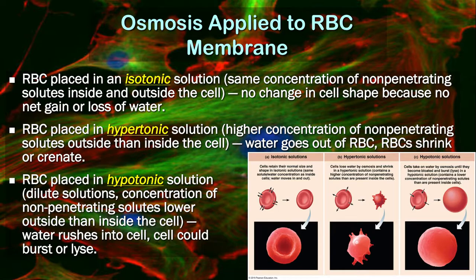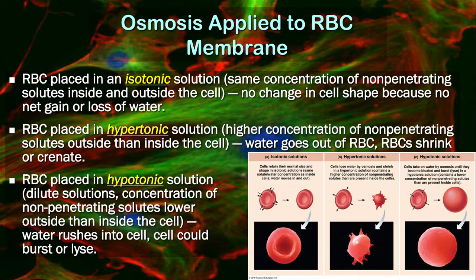Now, the final piece of information we need is what's actually happening to the cell. And we can infer those based off of which direction the water will move. So we're going to say cell will, and we're going to talk about the shape and the size of the cell.